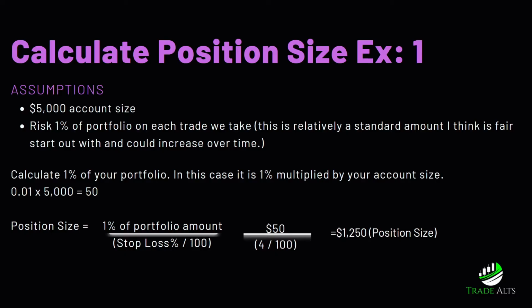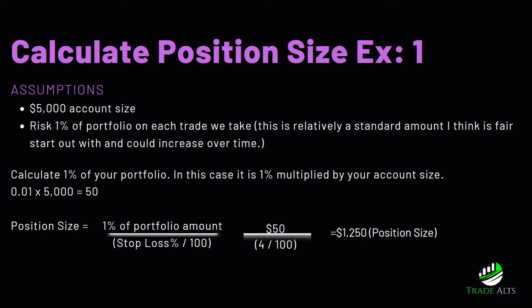And then again, as that comfort level increases, you can up your risk. There's no harm in doing that. So to calculate 1% of our portfolio, in this case, it's 1% multiplied by your account size. So 0.01 times 5,000 equals 50. So 1% of $5,000, which is your account size, is $50.